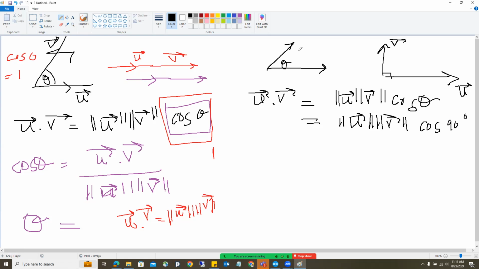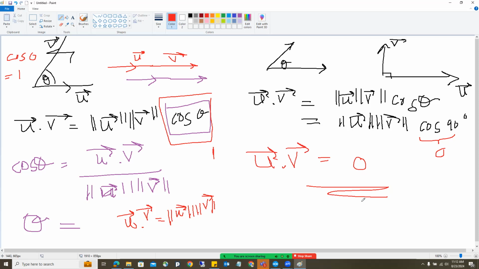Cos 90 equals 0. If we multiply this 0 by these two magnitudes, again it equals 0. That means if two vectors are perpendicular, then their dot product equals 0. That's how we showed it with this method.